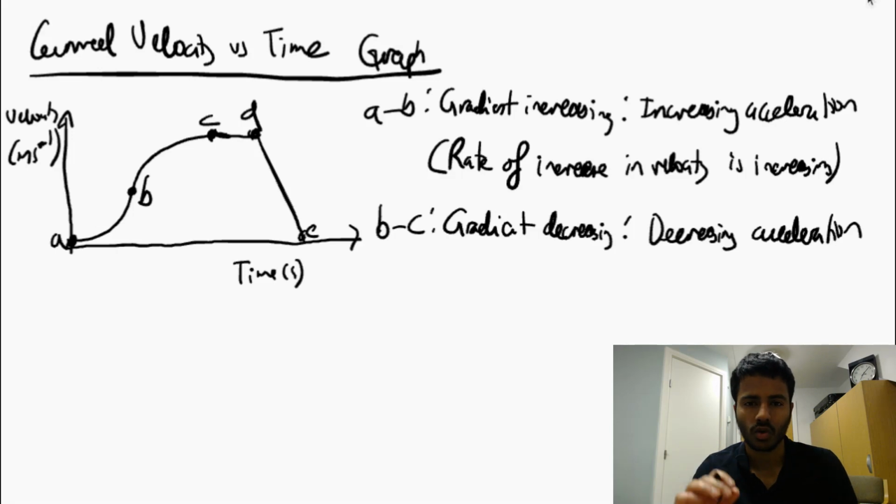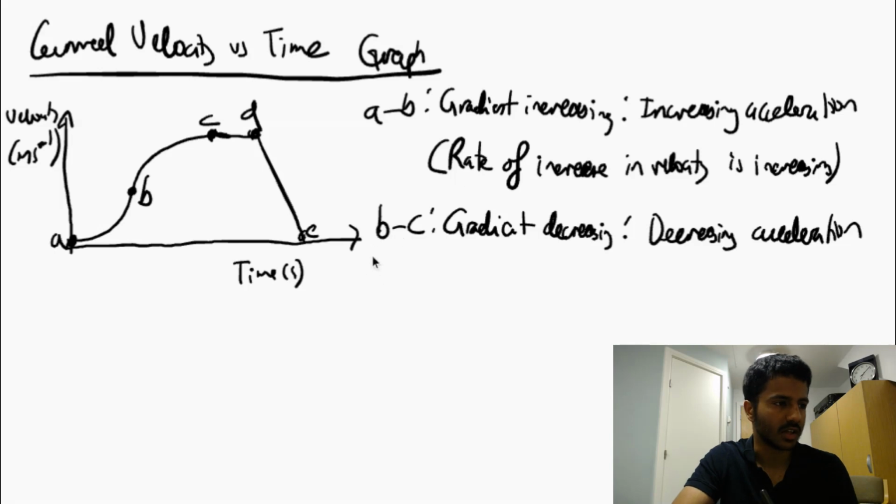So the car or the body is still speeding up. The velocity is still increasing. It's just doing so at a slower rate. The acceleration is still positive, but just not as big as it was at point B. So it's still speeding up, but just at a slower rate.